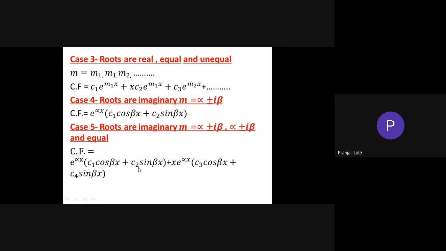C1, C2 constants are already used here, so write down C3 cos beta x plus C4 sin beta x. These are the five cases of finding the complementary function.